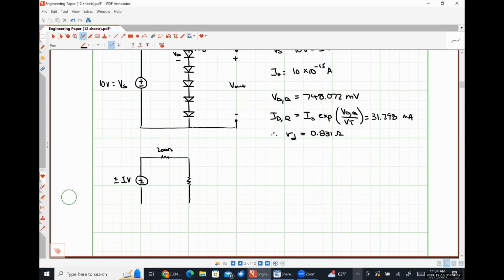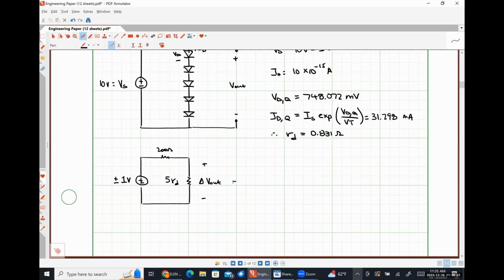Because we had 5 diodes in series, I'm just going to call this 5 lowercase rd. And then the voltage that we measure across this resistance is actually going to be the change in Vout due to the perturbation.